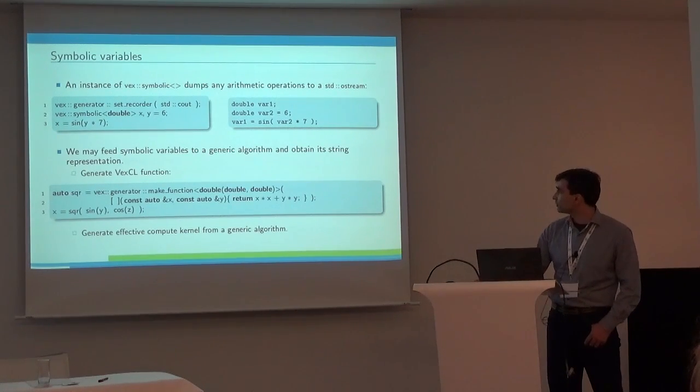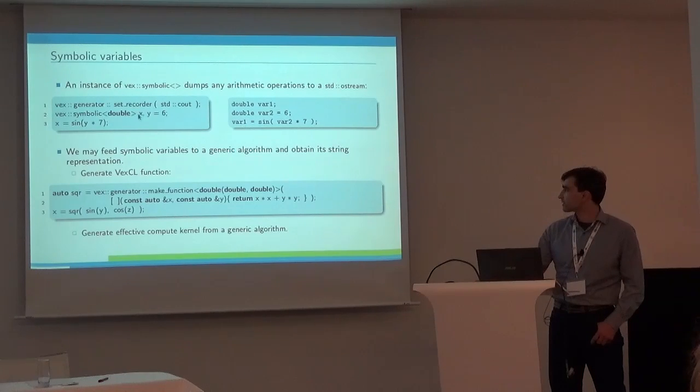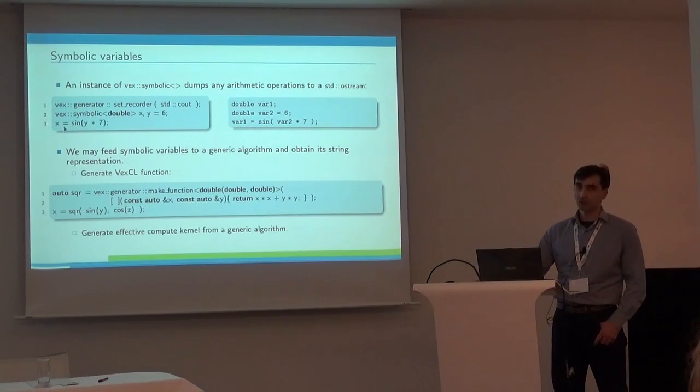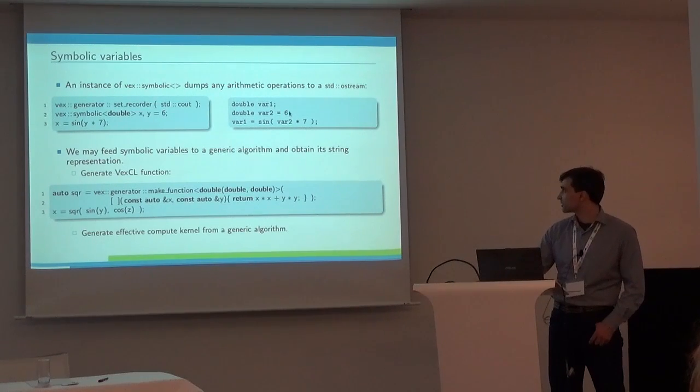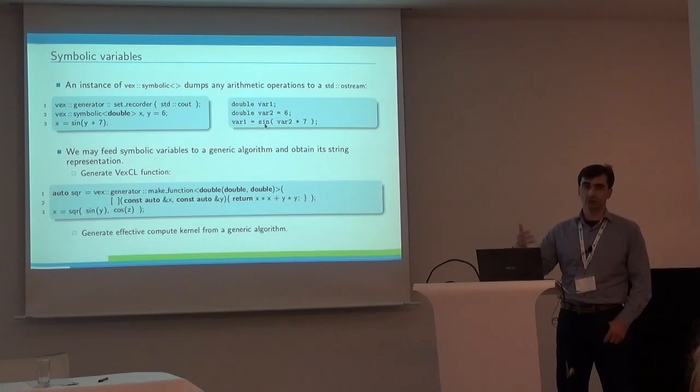So for example, if you declare two symbolic variables, x and y, and you initialize y with 6, and then you assign sine of 7 times y to x, on the output stream you get this source code. So this is the declaration of x, this is the declaration of y, and it's also initialized with 6. And then this is the operation that you subjected the variables to.